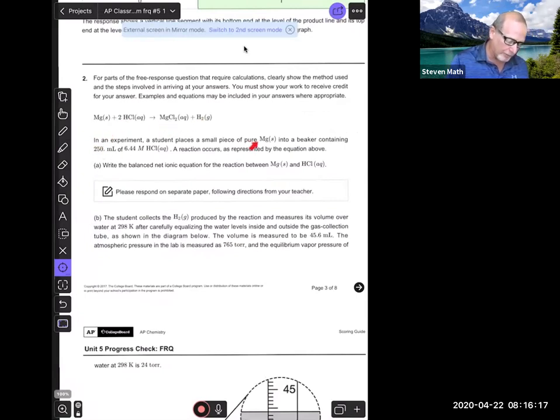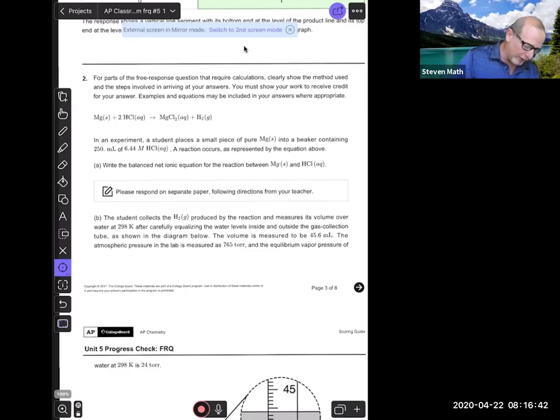In an experiment, we put a small piece into a beaker, we had some HCl, and a reaction occurred. We've done this reaction, right? Okay, write a balanced net ionic for this. This is something I'm starting to see more often, is the AP wanting balanced net ionics. That's new to the game. They haven't done that much in the past, but we can do that.